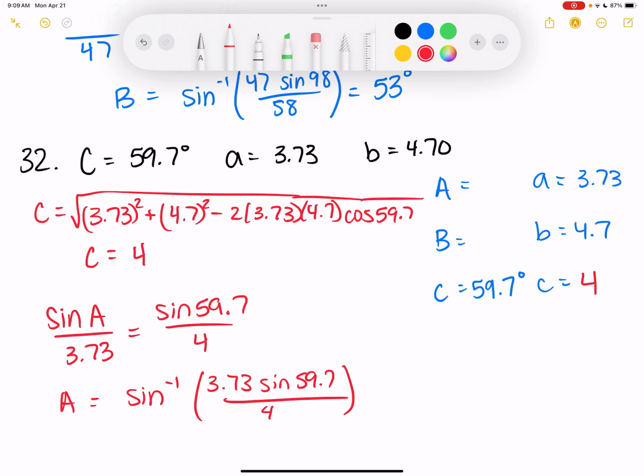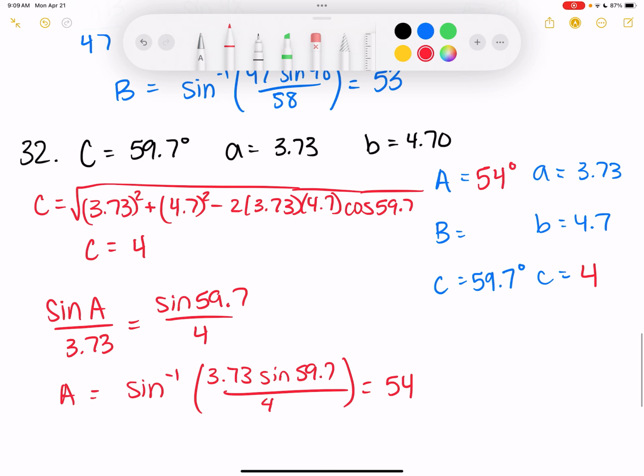I'm not typing this in right. Come on. And that gives me 53 point, nope, we're 54 rounded. So 54 degrees. So that means angle B should end up being the biggest one.